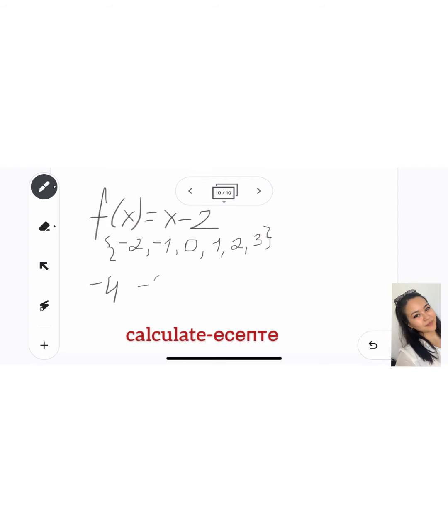When x is -2, it equals -4, right? -1, it's -3. If it's 0, then -2. If it's 1, it's -1. 2, 0, 3, 1. We will use these points in Cartesian product.